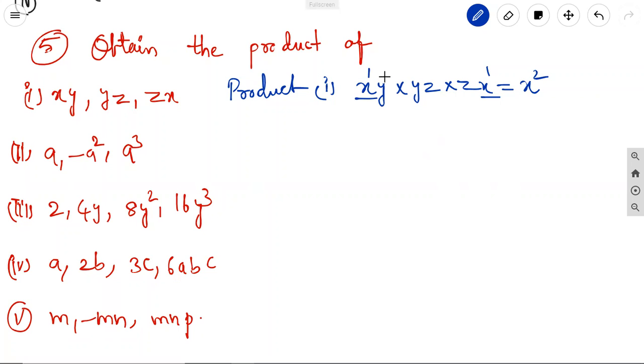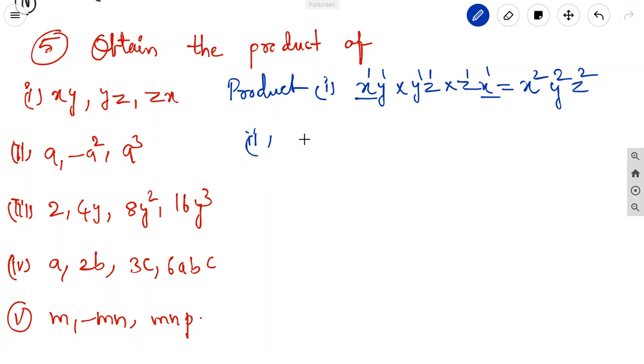Here, y variables powers we can observe. Y power 1, y power 1. So it is 1 plus 1, 2, y square. Here, z power 1, z power 1. Z power 1 plus 1, 2. The product of xy into yz into zx equal to x square, y square, z square.